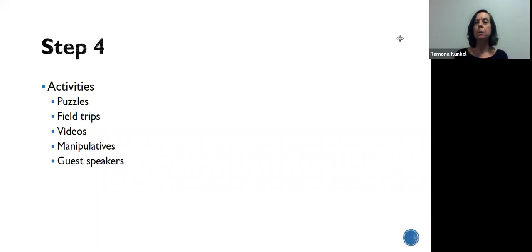It's going to include puzzles, when feasible, field trips, videos, using manipulatives, and even having guest speakers. Especially in a virtual classroom, guest speakers can really be valuable. It's a great way to mix it up, and being remote makes it even easier for a guest speaker to just hop on and present some information.